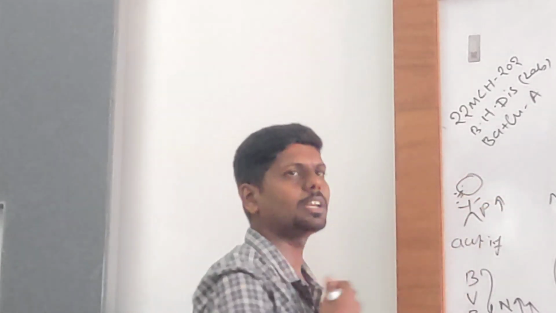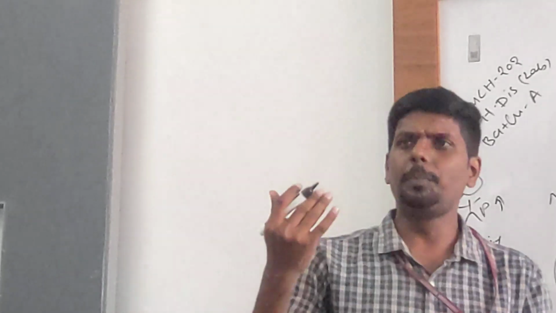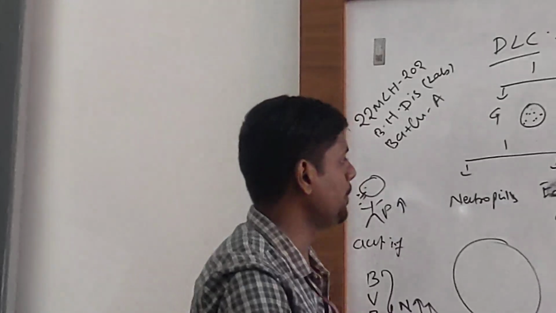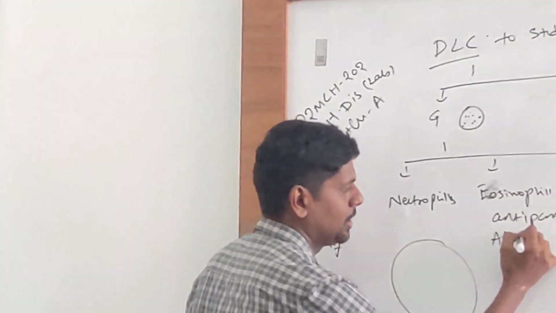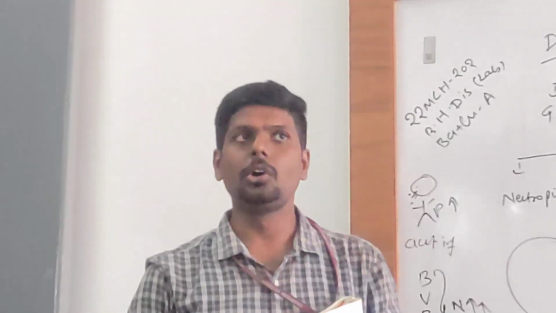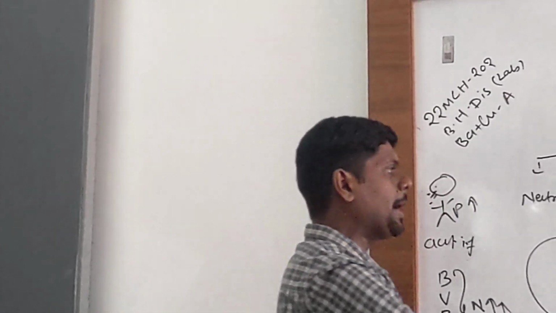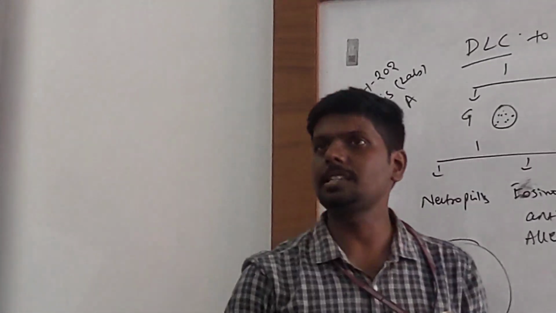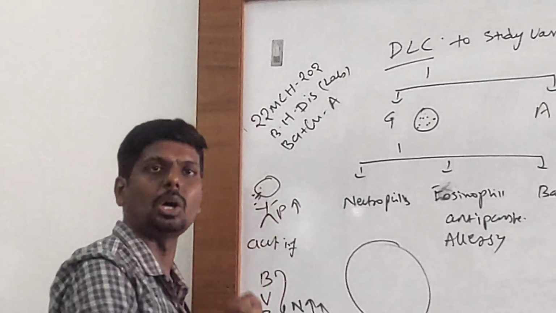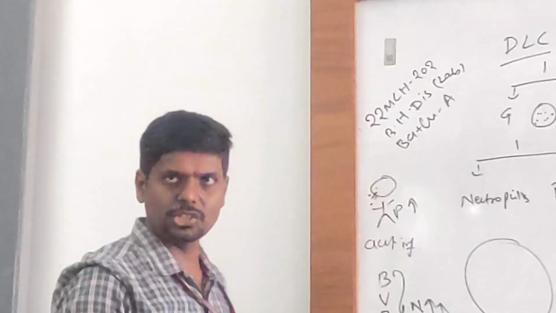He is sneezing a lot and has chest and breathing issues. That asthma or allergy is also mediated by eosinophils. So anti-parasitic and allergic cells are eosinophils. Clear? I'm giving you the functions of each cell, by the way. Next one.